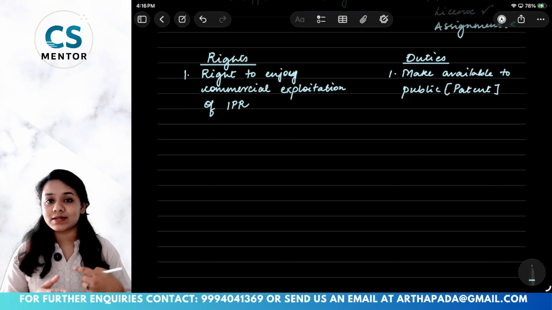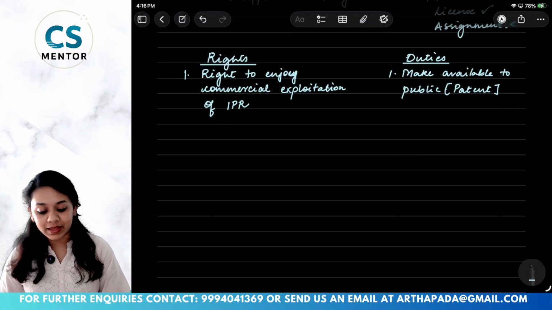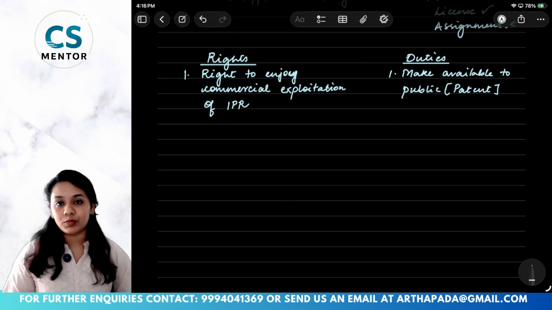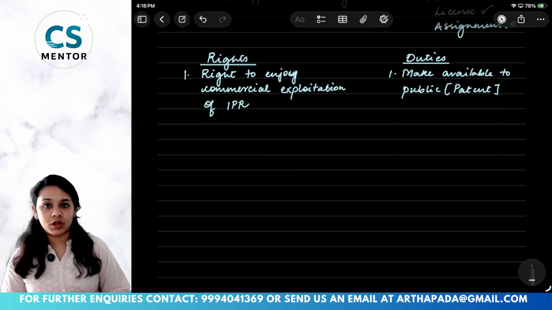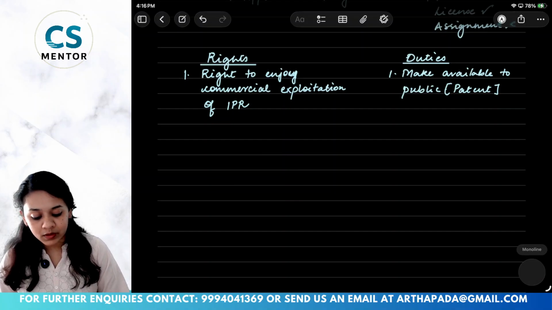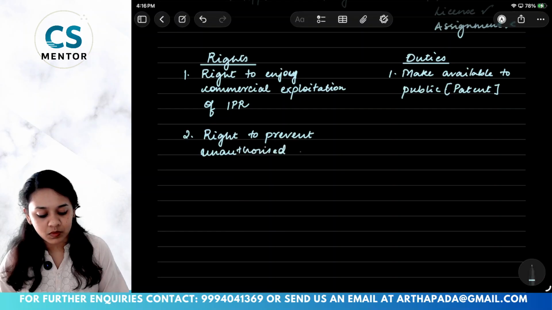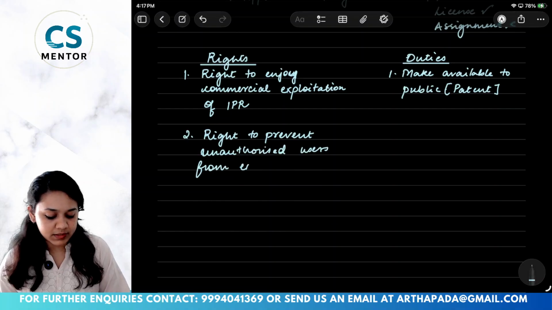But once he makes it available to the public, then he can commercially exploit that IPR and he will earn all the profits related to that IPR. Another right, the second right, is the right to prevent unauthorized users from exploiting it without permission.